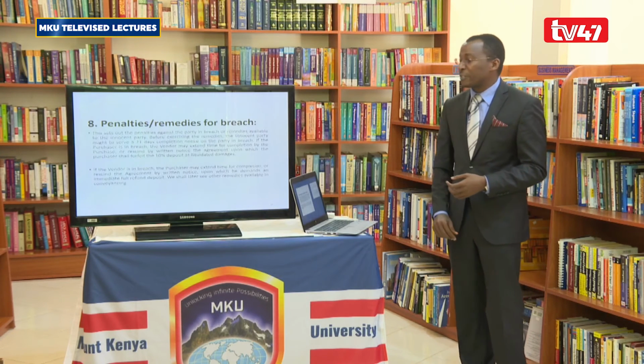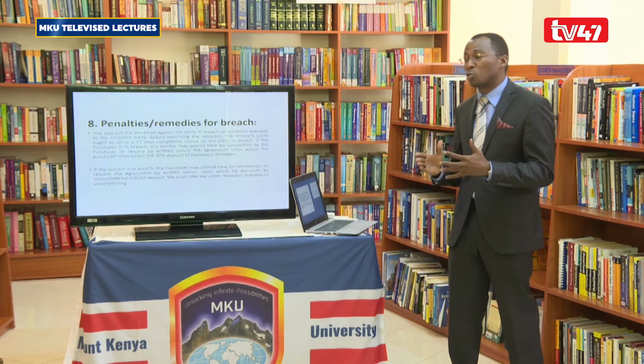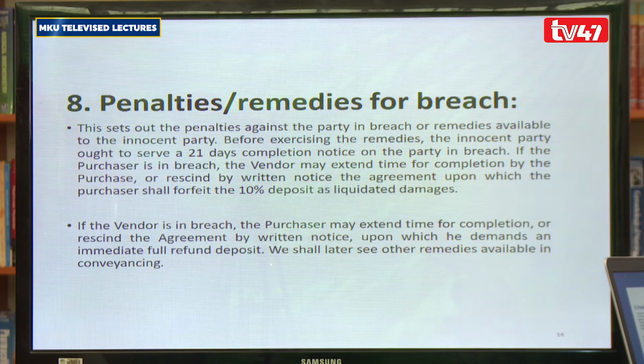Another important clause that ought to be captured in a contract of conveyancing is what we call the penalties or the remedies for breach clause. This is the clause that will set out the consequences for breach on the part of either party. A breach can arise from the purchaser, a breach can arise from the seller. This clause must prescribe if the breach is by the seller, what happens?